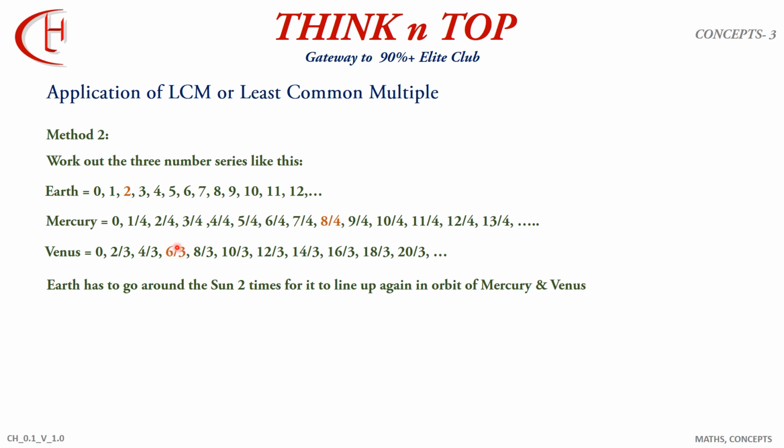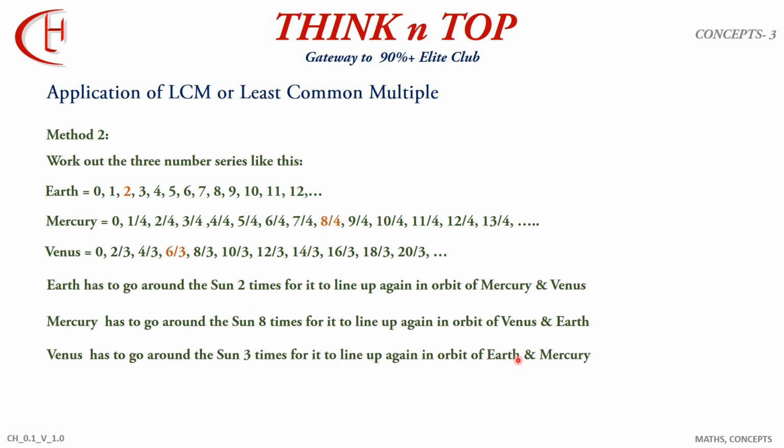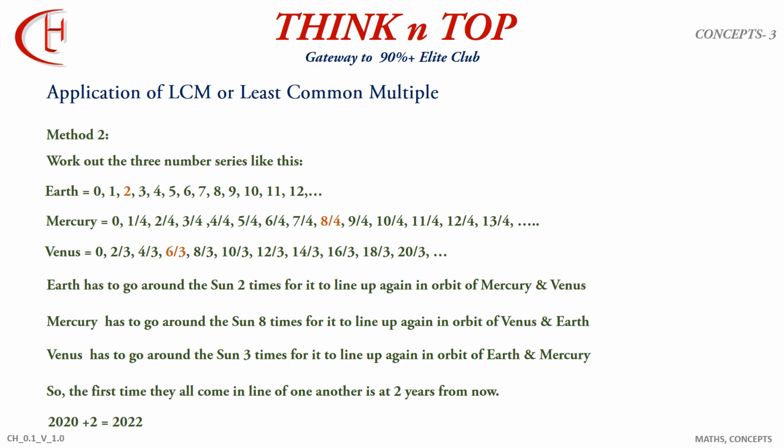So the first time that we are matching it with the Earth is at the number 2, when Earth completes 2 years. So when will they come in line together? Mercury has to go around the sun 8 times, and Venus has to go 3 times. So 2 years has to be added to the present year, that is 2020. So the first time they all come in line with one another is 2 years from now. So 2020 plus 2 is 2022.